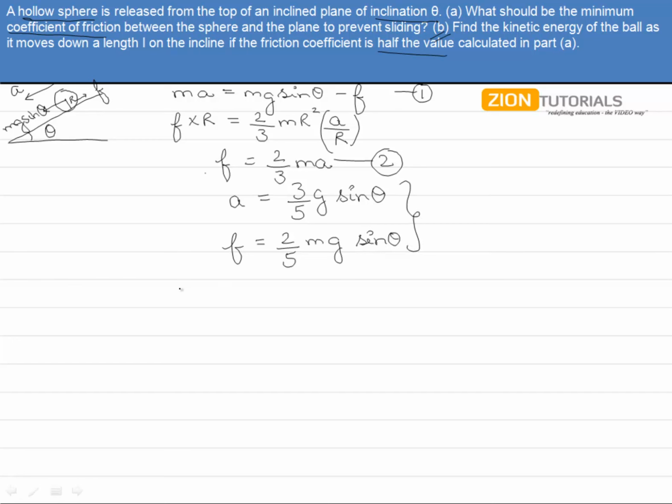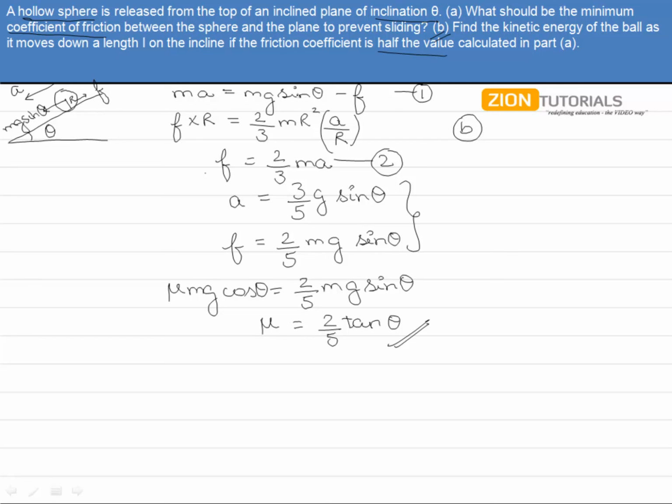Now we know that mu N, where N is mg cos theta in the perpendicular direction, equals friction, that is 2 by 5 mg sine theta. So we get mu minimum to be 2 by 5 tan theta. So this is the minimum value of mu that must be there to prevent the sliding of the sphere on the wedge.